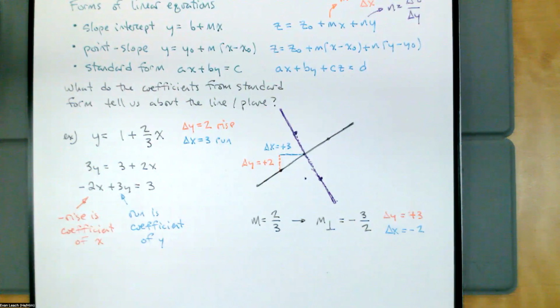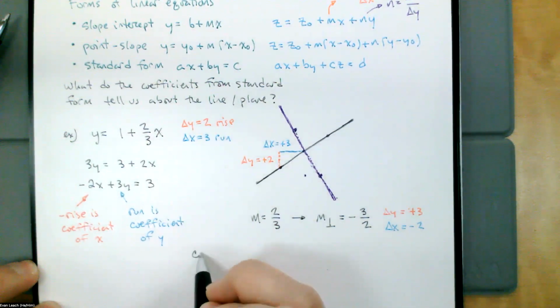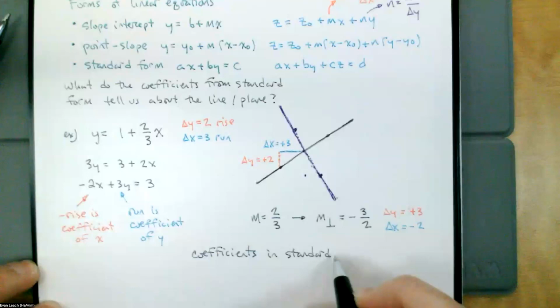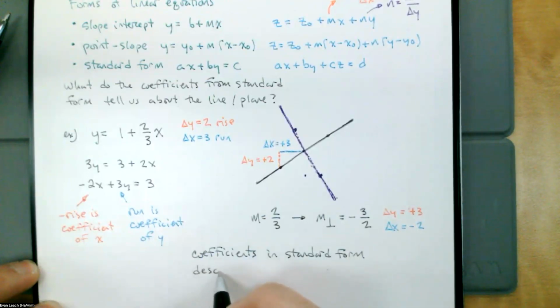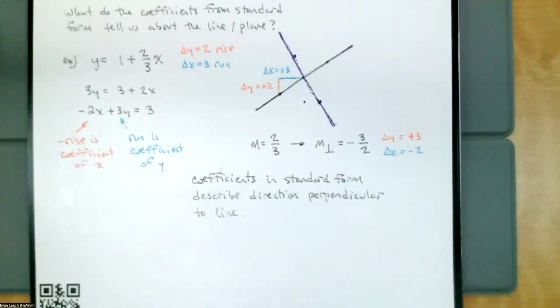The coefficients in standard form are describing a direction perpendicular to the line: -2 in the x, +3 in the y.